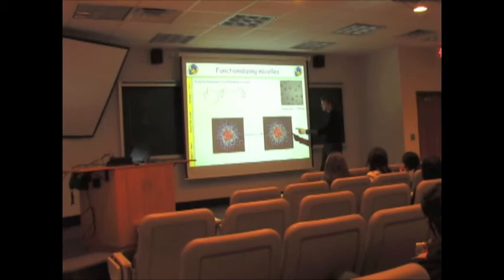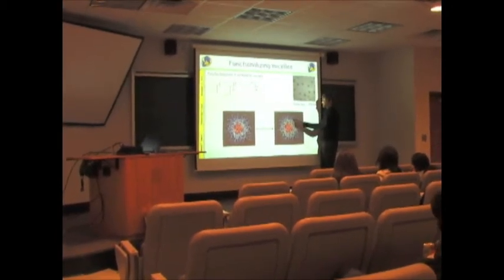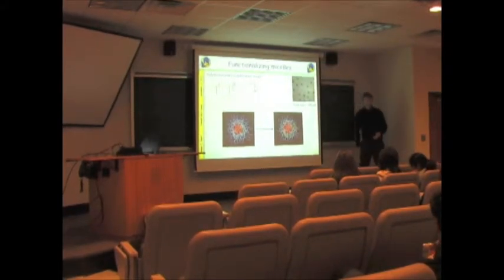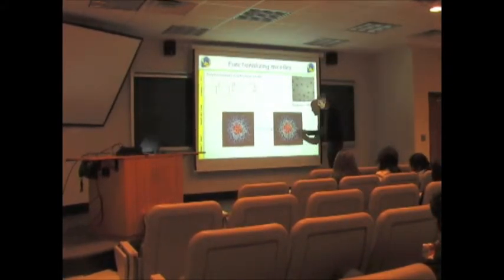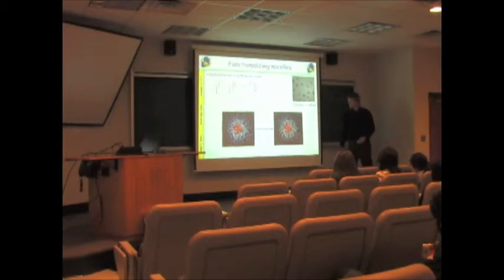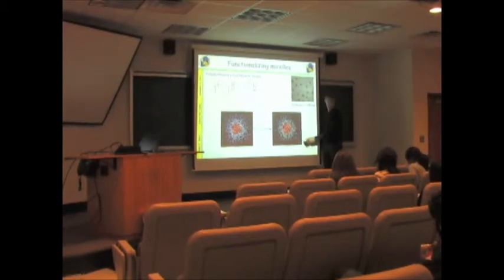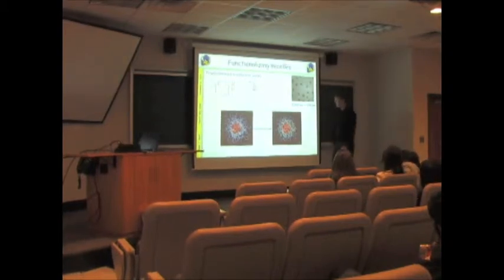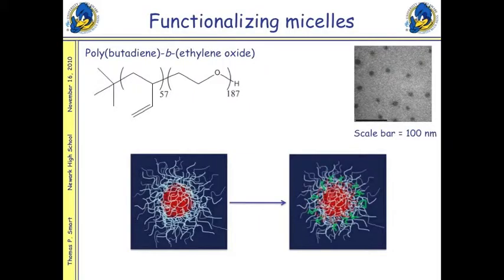As I mentioned at the start, the different volume fractions of your soluble block and your insoluble block are going to affect the structures that form. So our peptide is going to be soluble so that it sticks out of the shell so that it can recognize cells when we throw it into the body.